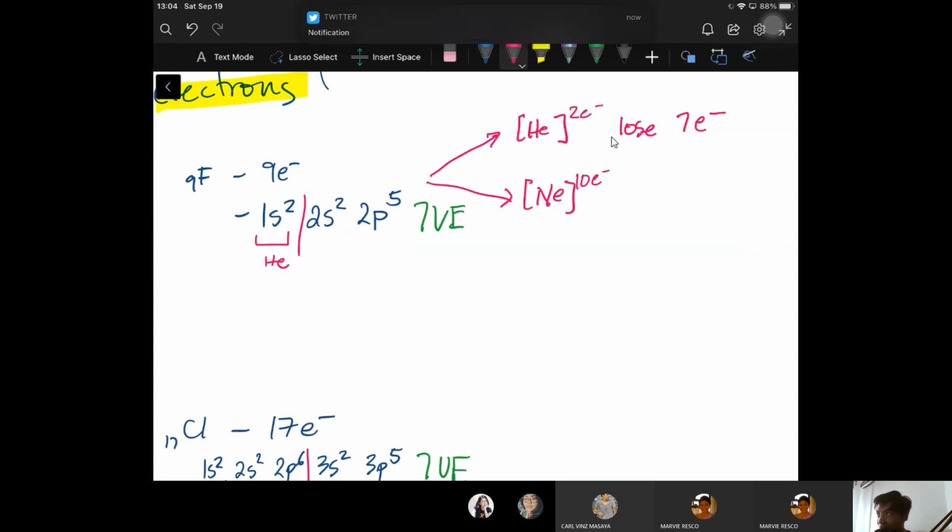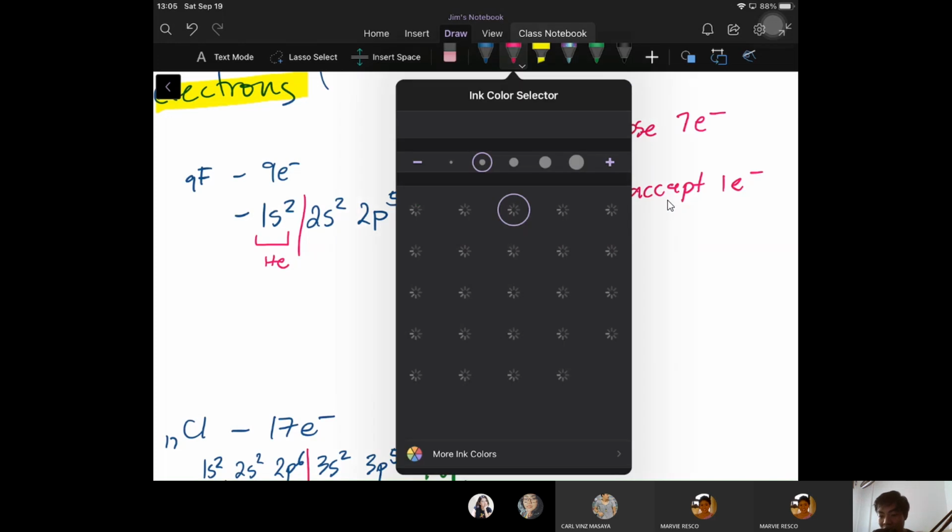Medyo effort na. Pag gusto niya naman maging neon, 10 to, 9 yan. So, ano na lang gagawin niya? Mag-accept na lang siya ng isang electron. Okay? So, by accepting just one electron, pwede siya maging neon. Ito yung question. Ano yung gusto niya gawin? Maglabas ng 7 or tumanggap ng isa? Ano yung mas madali? Edi yung onti lang yung gagawin mo.